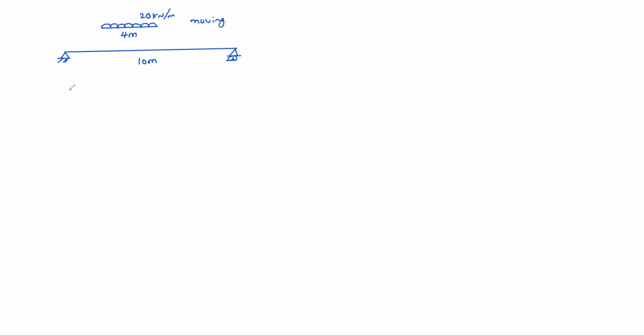Find the maximum bending moment at 4 meters from A. So at a given section, how to get maximum bending moment, we will see. First we will draw the ILD for that.